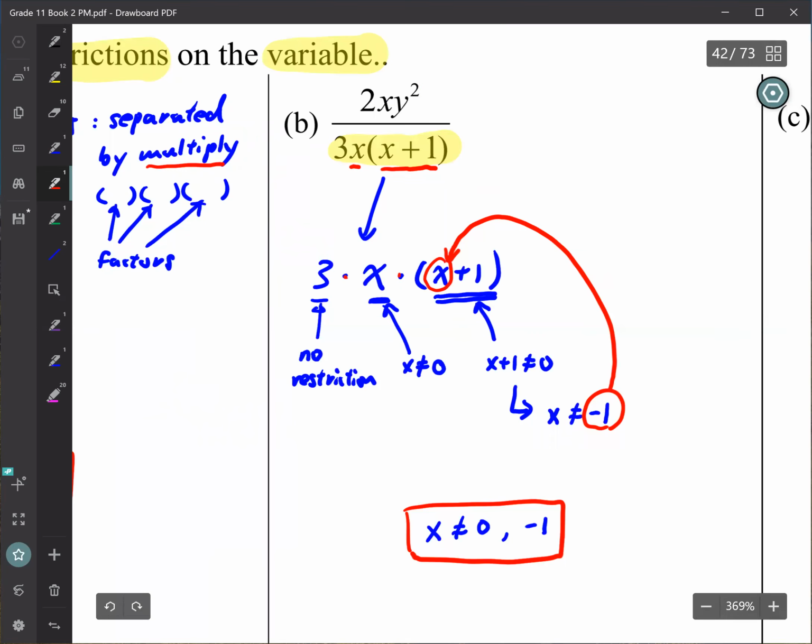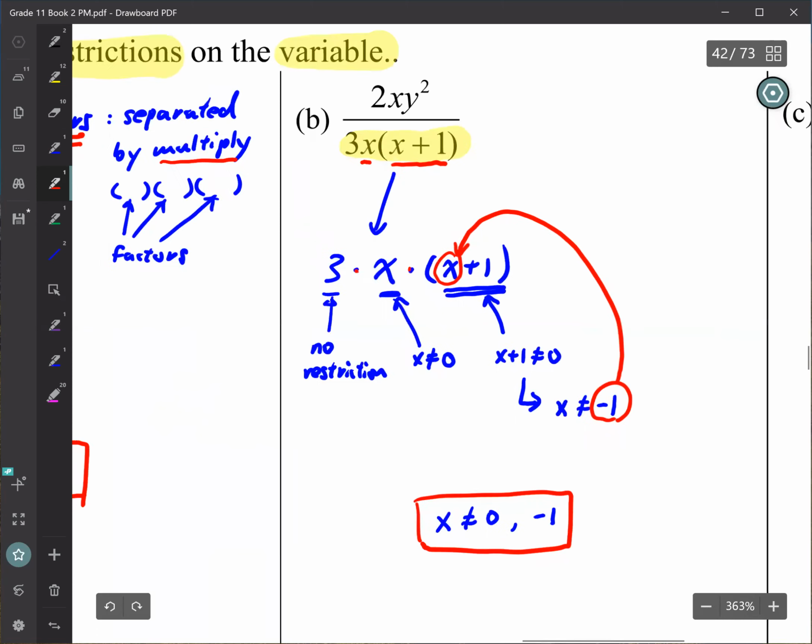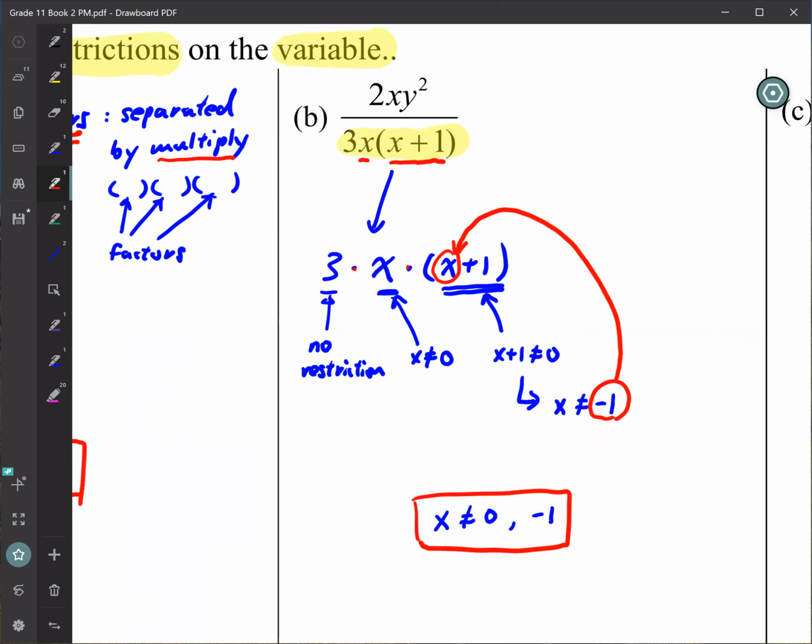So if the bracket becomes 0, then everything in the denominator will be 0. That's why we said it cannot be -1. Otherwise, it will make the bracket 0. So you are looking for a number that will make the bracket become 0.